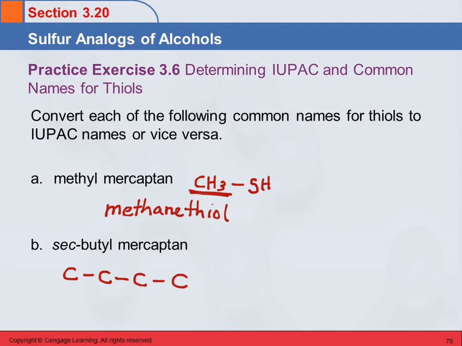There's primary, secondary, and tertiary. That's telling us where the thiol group is attached. If it was butyl mercaptan, then the thiol group would be on the end. But it's sec-butyl, meaning that it is attached on a secondary carbon. So it's got to be one of these guys in the middle. Either one is going to be the same, isn't it?